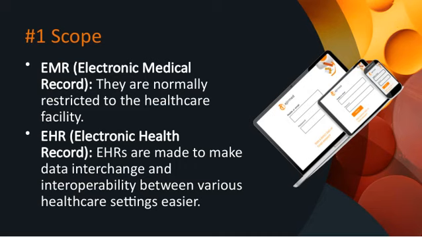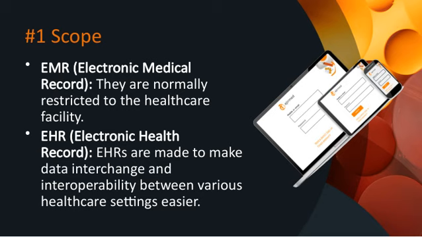Let's take a closer look at the scope of these digital records. First, we have the EMR, or electronic medical record. These are typically limited to a single healthcare facility, meaning they mainly serve the provider's internal needs. They contain detailed patient information, but their primary focus is on the care provided within that specific location.